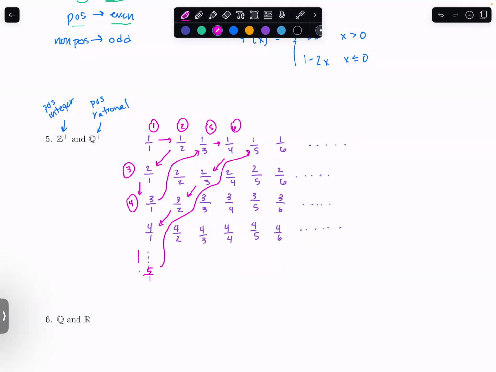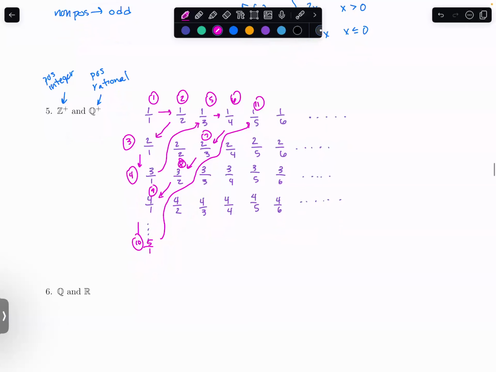So you go all the way back up here to 1/5, and that'll be your 11th entry. And so you could do this forever and get all possible rationals, and you're mapping from the integers into and onto the positive rationals. So these are both countable. They're both countably infinite, and that is that.